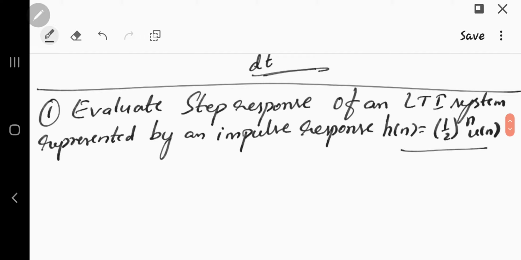Okay. h of n is equal to 1 by 2 to the power of n into u of n.